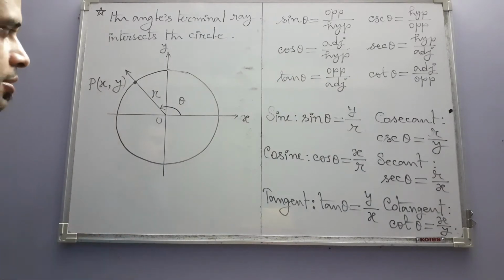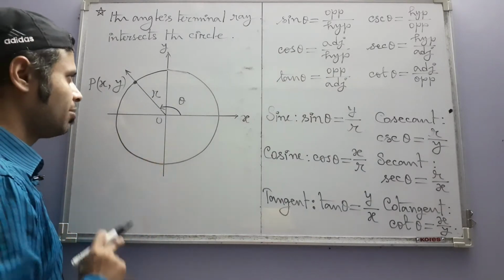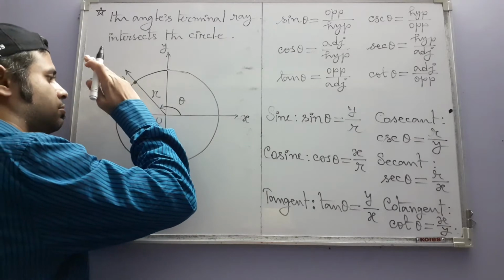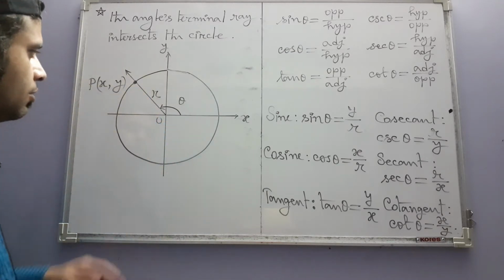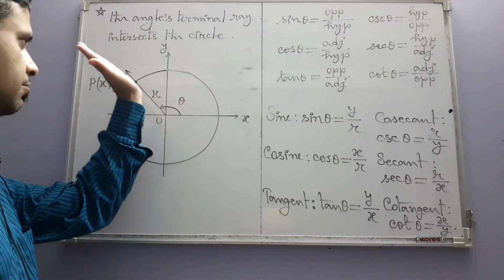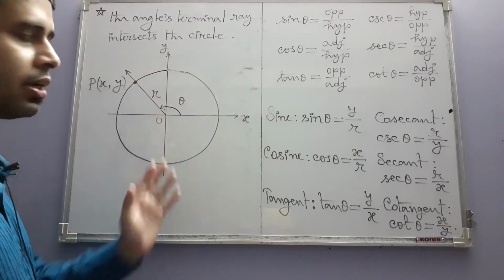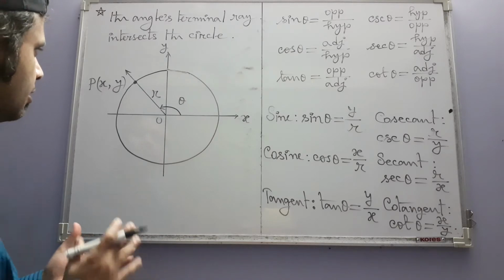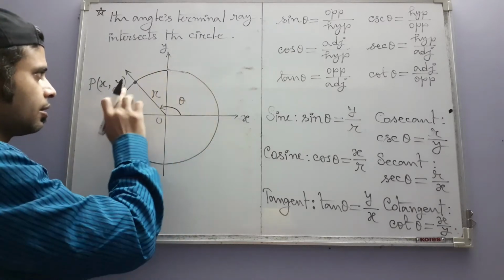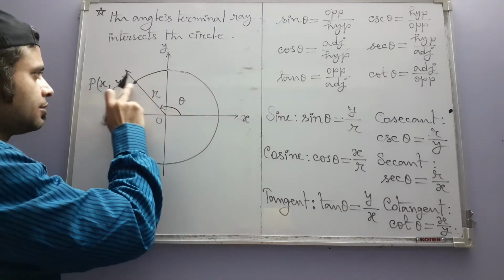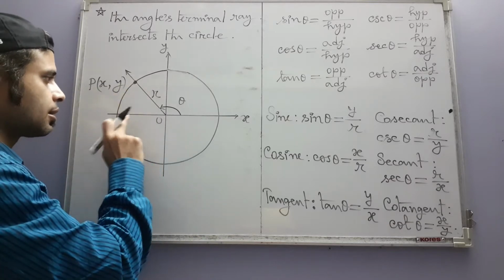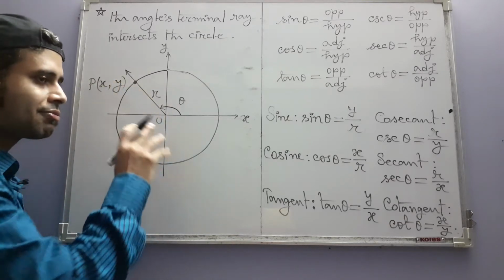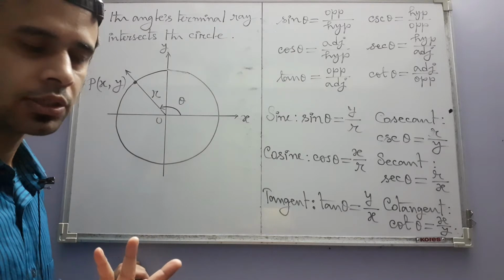So you can see that no matter what the final position of this angle, what the position of the terminal ray be, no matter wherever it lies on this circle, and correspondingly wherever the point P lies on this circle, it will have some x coordinate and some y coordinate.